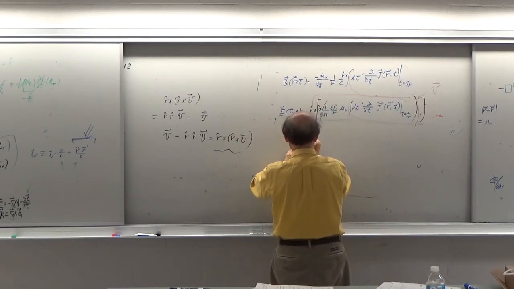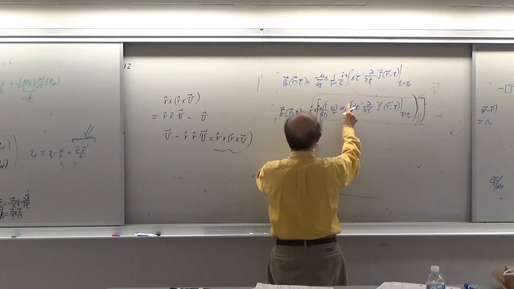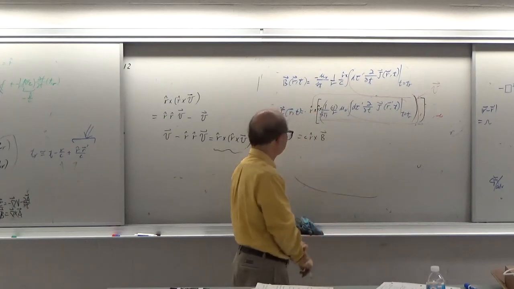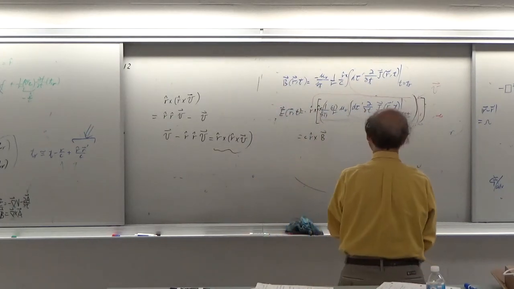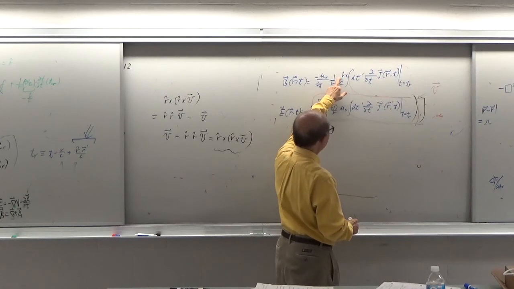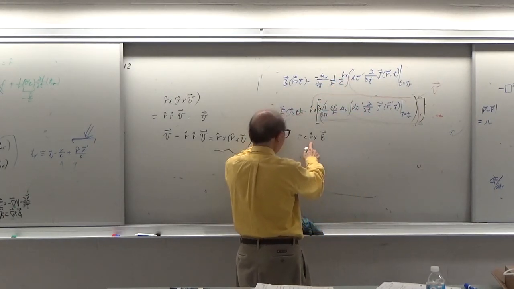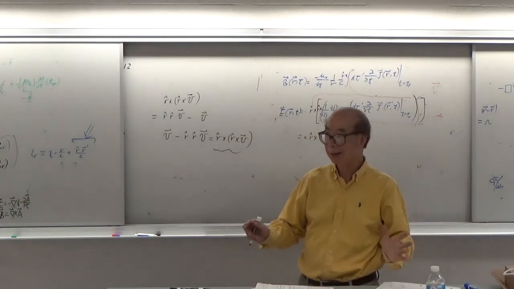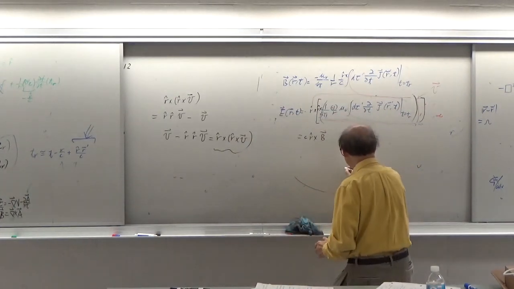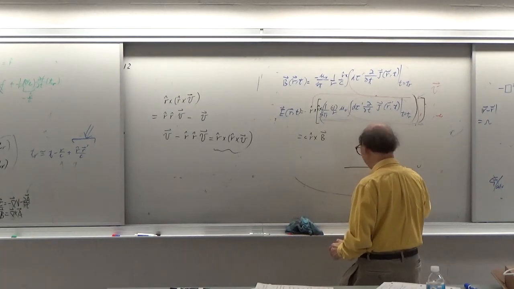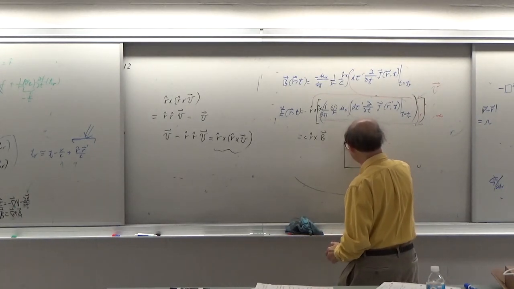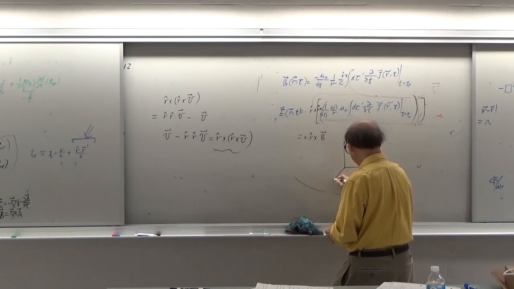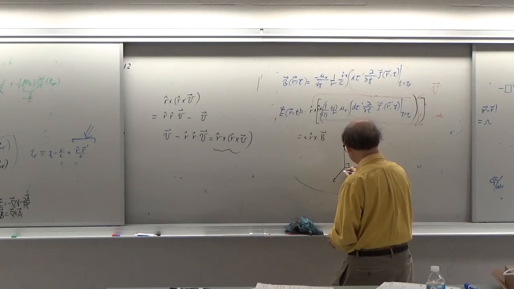So C times r hat cross whatever is here, so cross B. Obviously, B is orthogonal to r, and now E is orthogonal to r as well as B. Sound familiar? So let's say this is the direction of observation, r hat. Let's call this E direction, then B will be this direction, perpendicular to each other.